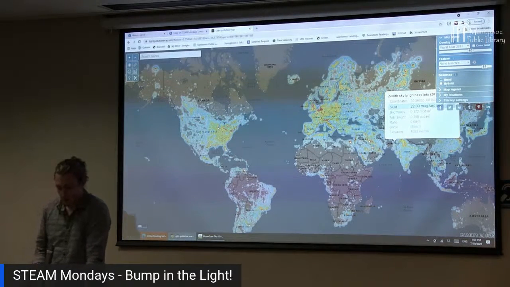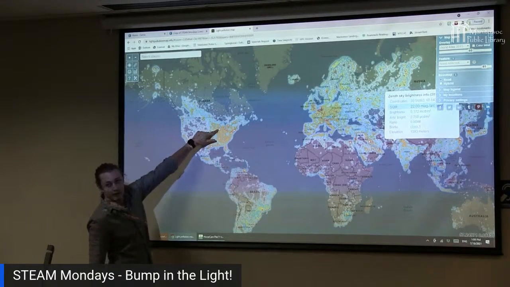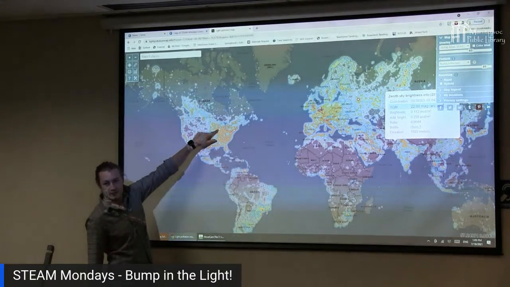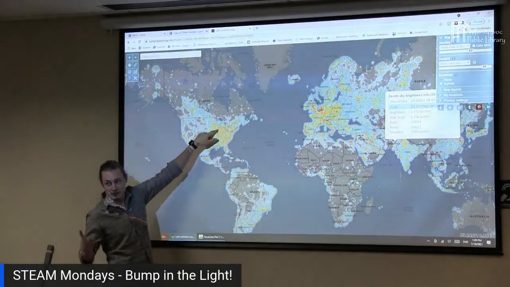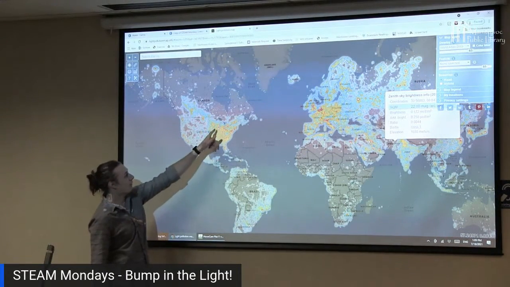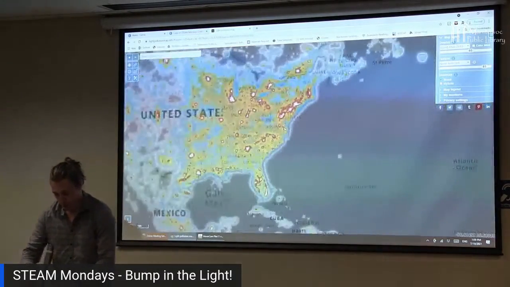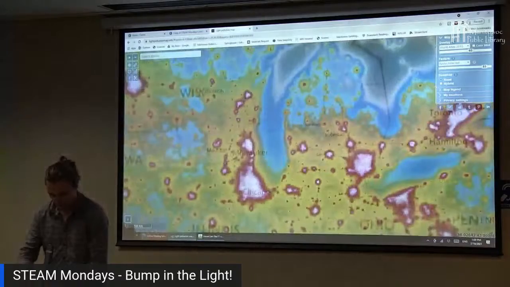Higher than normal? If you look here, we can kind of see, what do you think is right here? What city? Chicago. Chicago. You can clearly see all the major cities on this map just from looking there. So let's zoom in to Manitowoc.